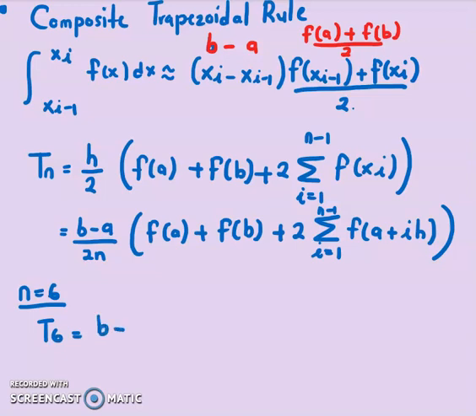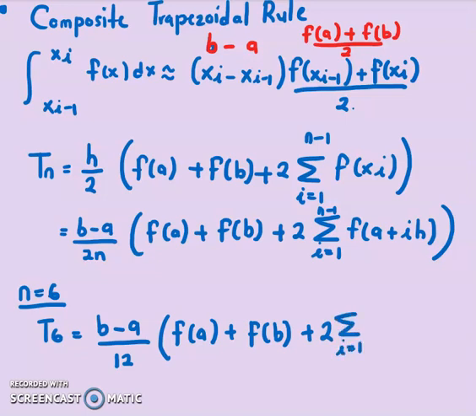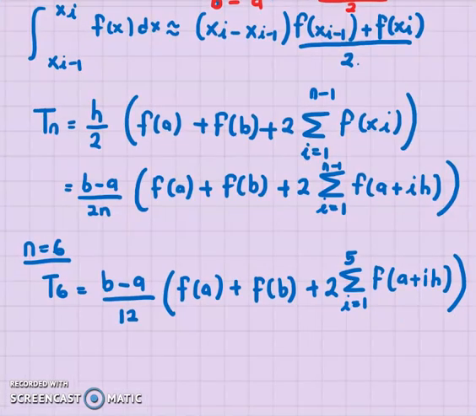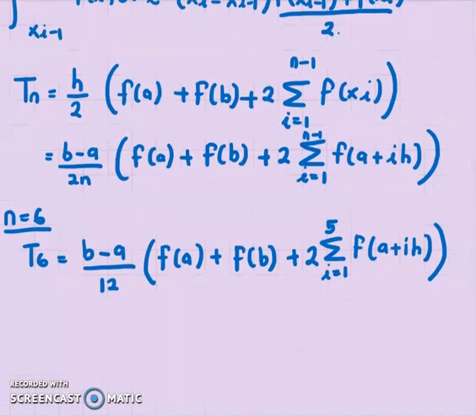I have b minus a over 6 times 2, which is 12, times f(a) plus f(b) plus 2 times the summation i from 1 to 6 minus 1, which is 5, of f(a plus ih). We know a is x0 and b equals xn.